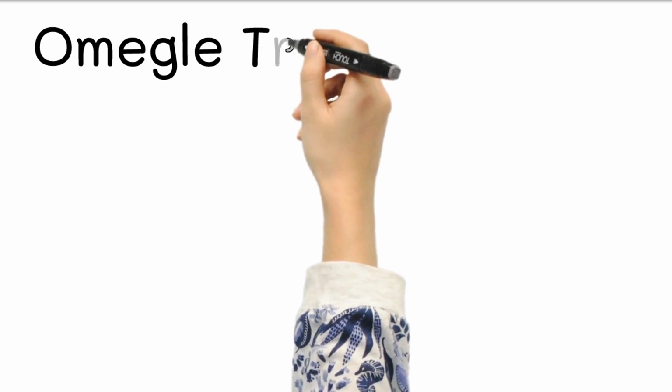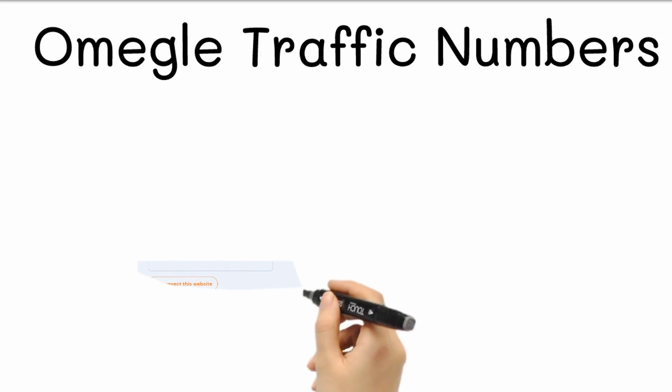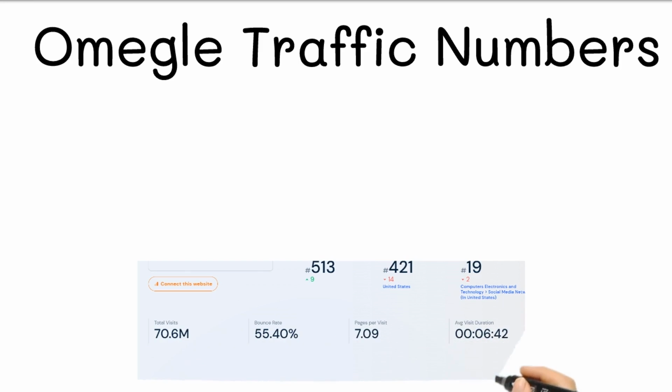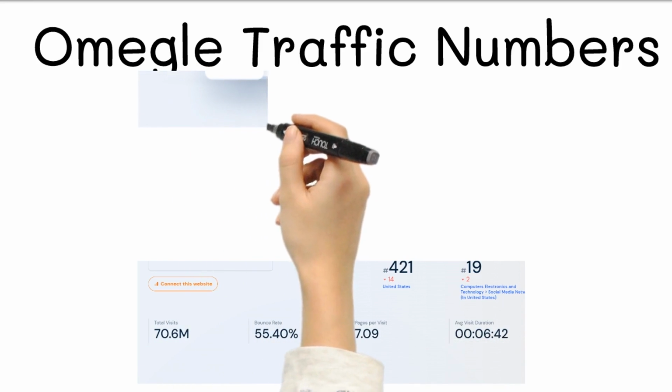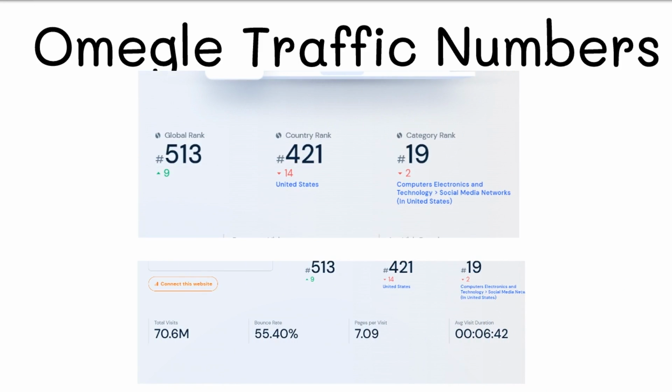So now you can see the Omegle traffic numbers. It's a very popular website. The global rank, you can see, is 513. So you can see that all over the world people come to this website. Country rank, specifically for the United States, is 421. Category rank, specifically for entertainment chatting websites, is almost 19.